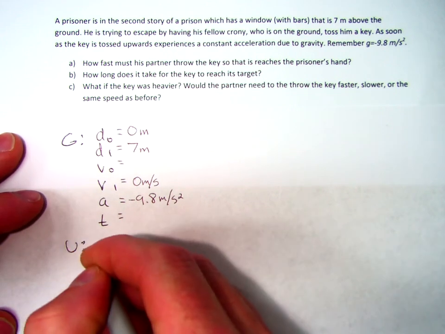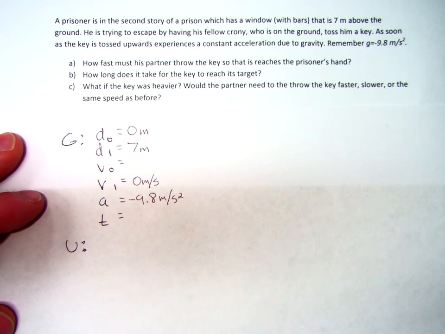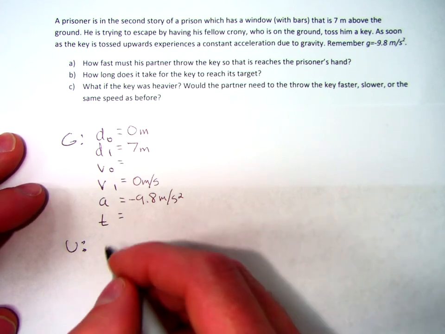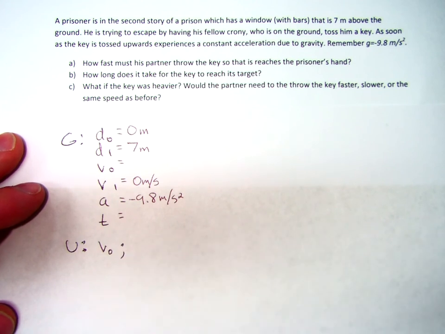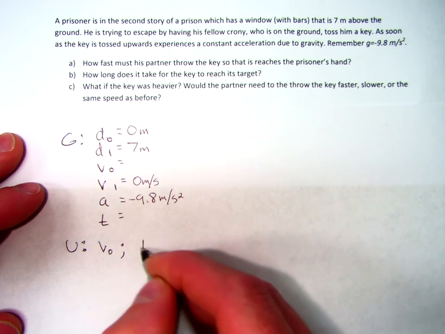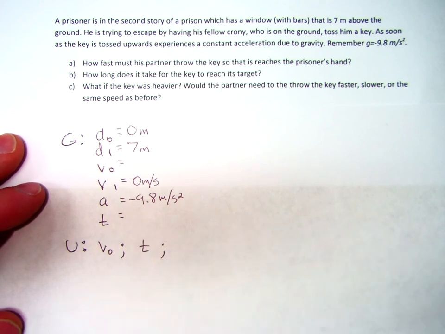The unknown. How fast must the partner throw the key? That's the initial velocity. How long does it take for the key to reach its target? Time. And a conceptual question. If it's heavier, would the partner need to throw the key faster, slower, or the same speed?